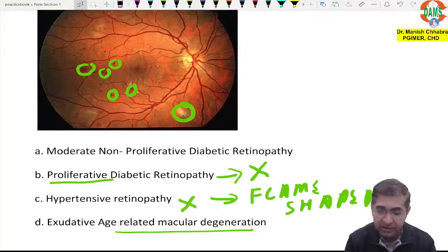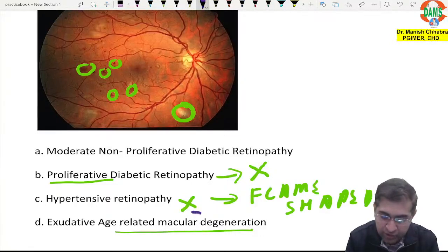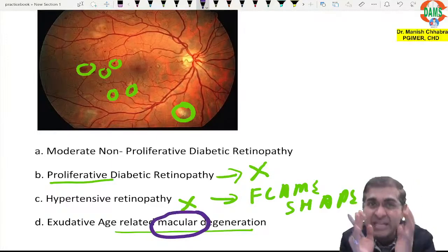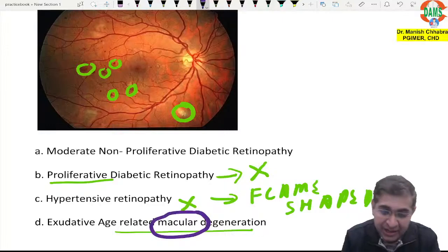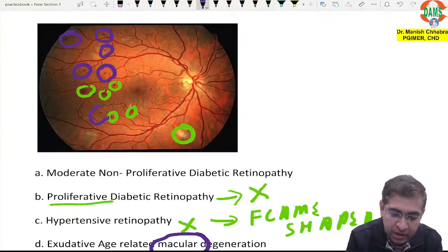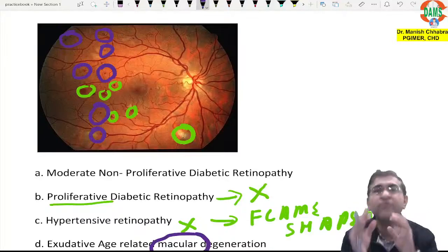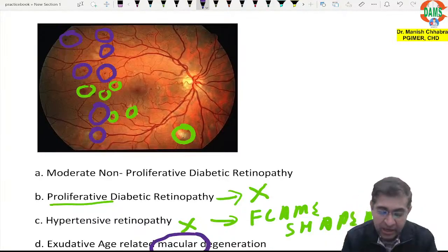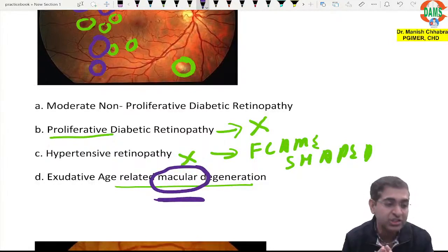Age related macular degeneration. So in this option itself, we are talking of the macula. But is this confined only to the macula? No, it is spread all across the retina. You can see here also, here also, here, here, here, here, here, and ARMD will give a different picture. Even if you are not sure of the picture, just try to find the keyword age related macular degeneration.